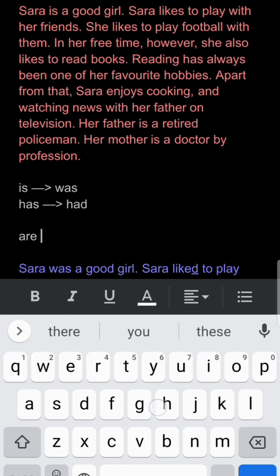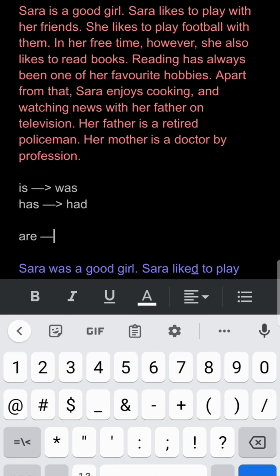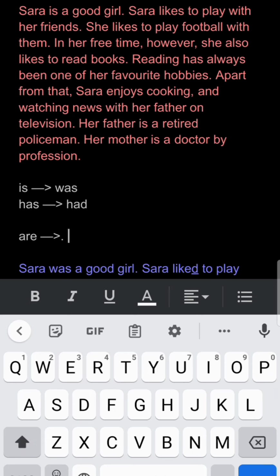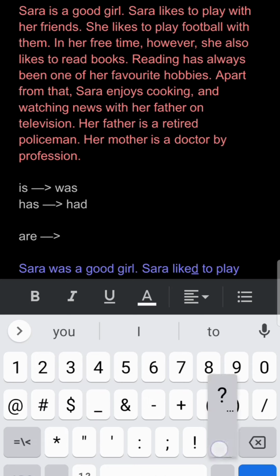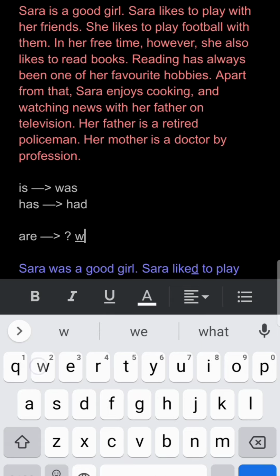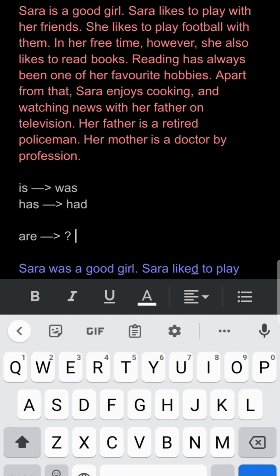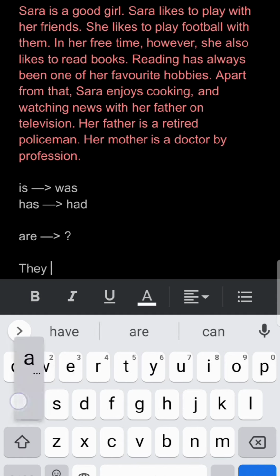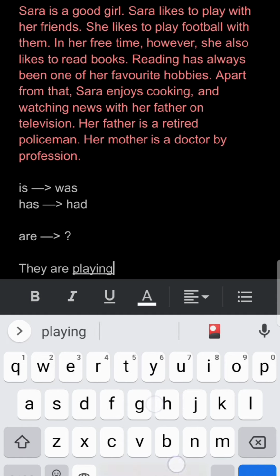What will we do then? For example, I can give you an example: they are playing together.